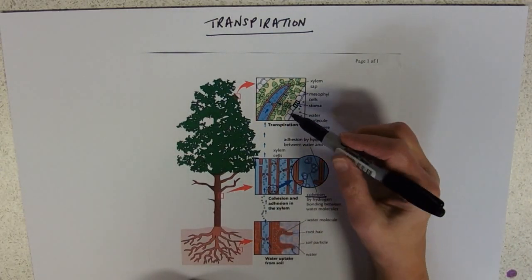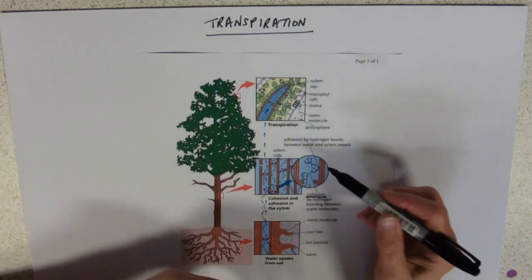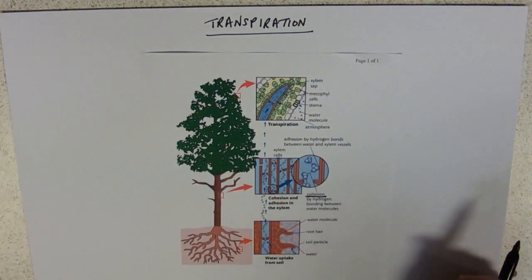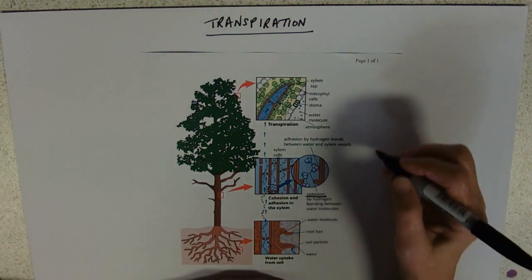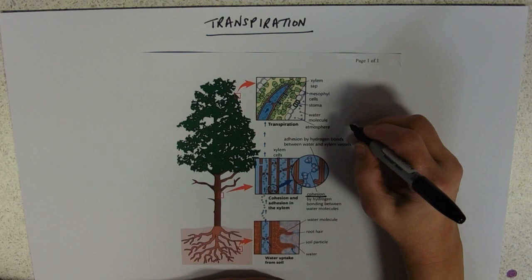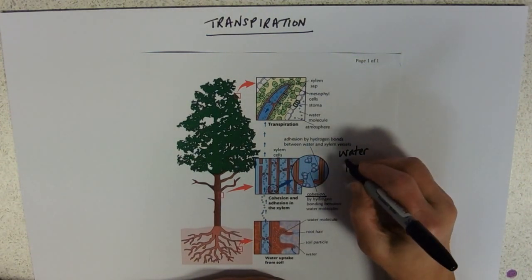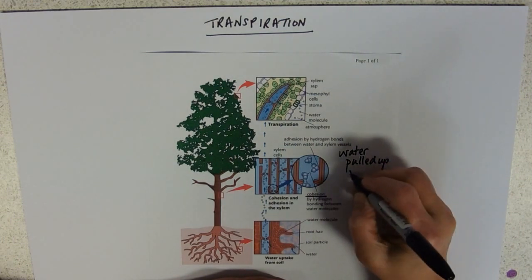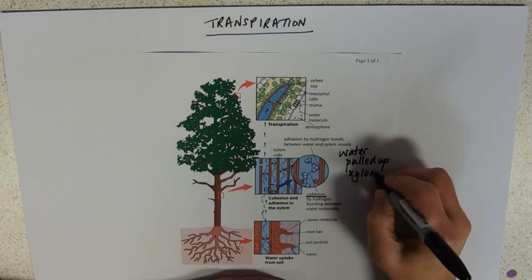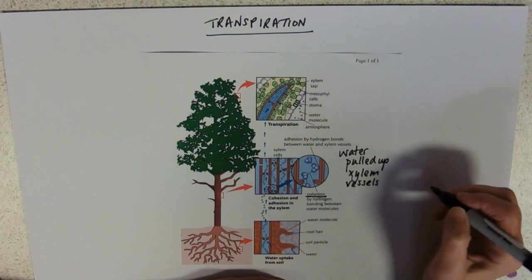So as you take one water molecule out of there, it kind of pulls up its chums that it's hydrogen bonded behind it. And the key thing here is that the water is pulled up. And of course it's moving in xylem vessels.